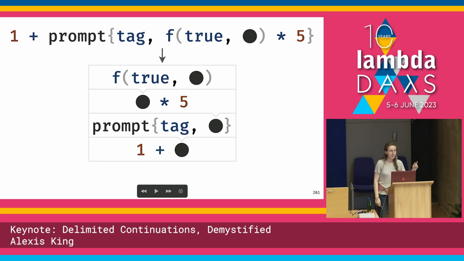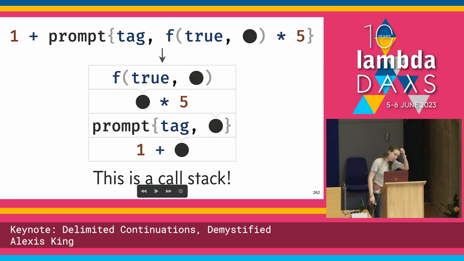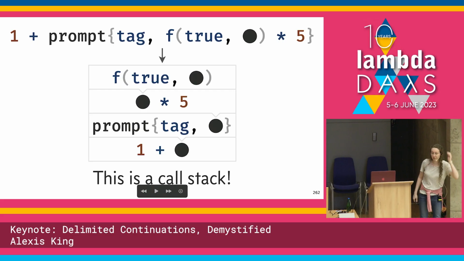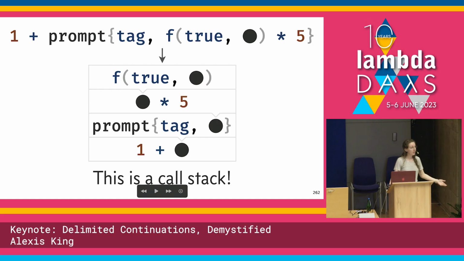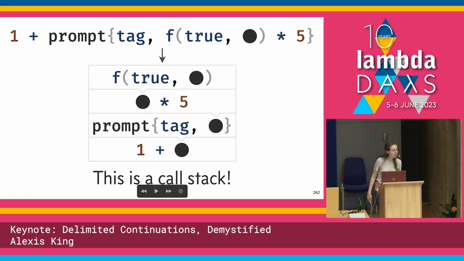And as it happens, this is a call stack. I think a lot of the time when people think about what a call stack means in the context of functional languages, they don't think about it too hard. But in fact, if you have some expression-oriented language and you have a bunch of different things to do, then you have to store that somewhere, and we store it on the call stack. So in a very real sense, the call stack is the continuation.